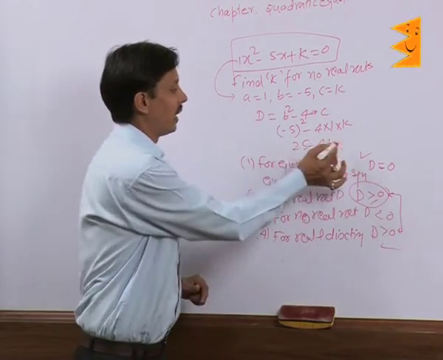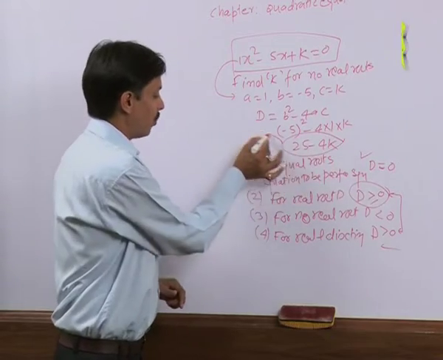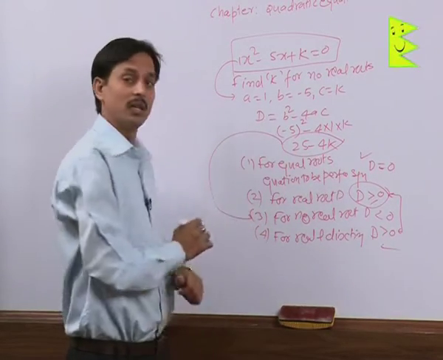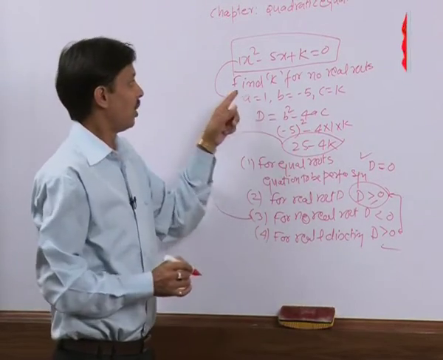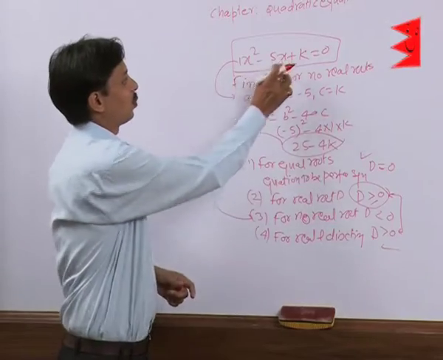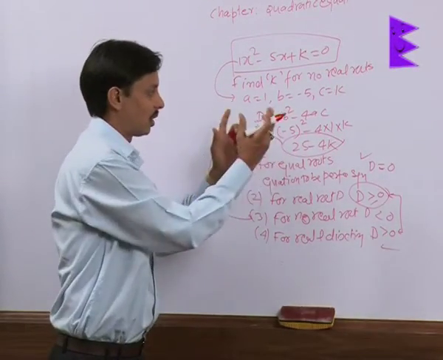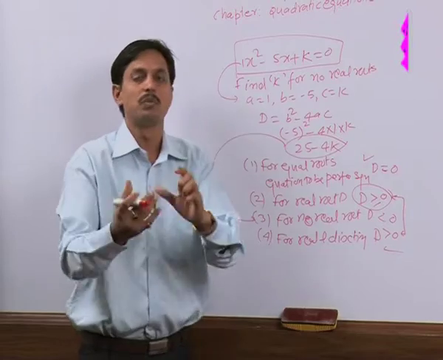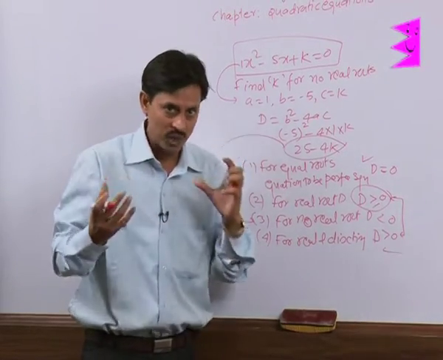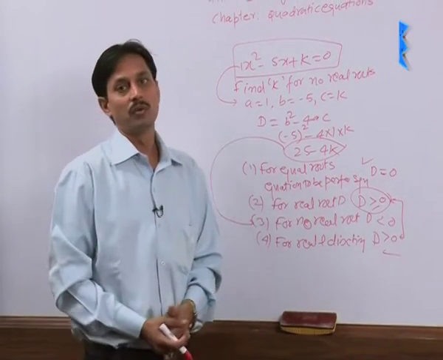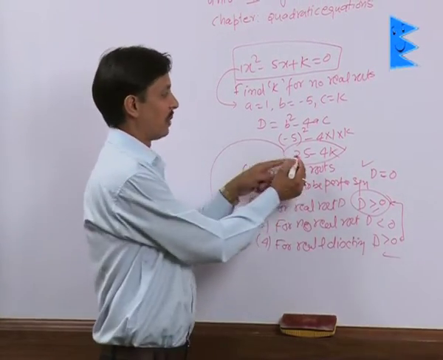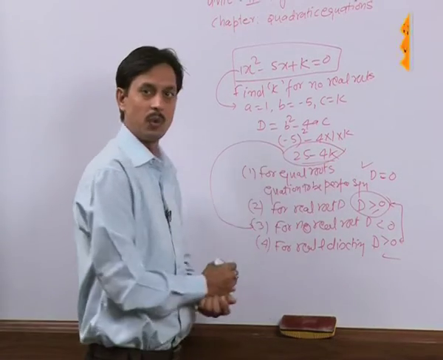Here we will connect this discriminant with the third condition. Reason? Because for what value of k this quadratic equation has no real roots means that the discriminant must be less than 0. So the discriminant is 25 minus 4k.